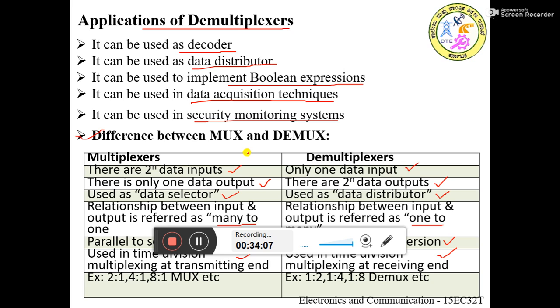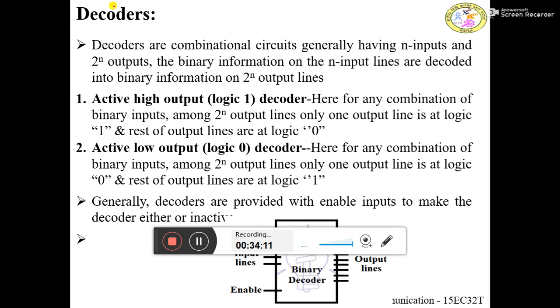Next, we shall see one more combinational logic system variant, that is the decoder. Decoders are very similar to the demultiplexers. Decoders are combinational circuits. They have n number of inputs and 2 to the power of n outputs.